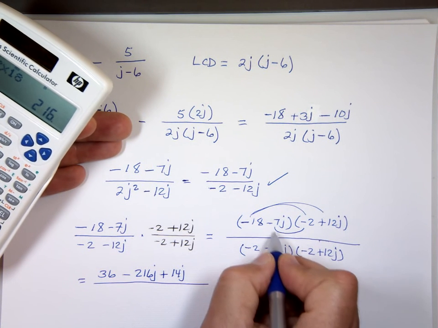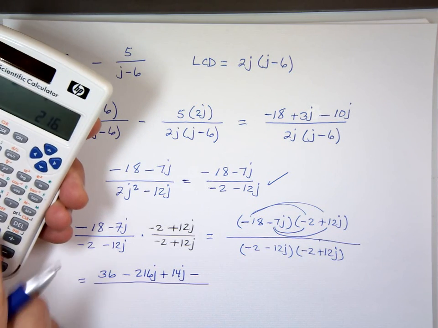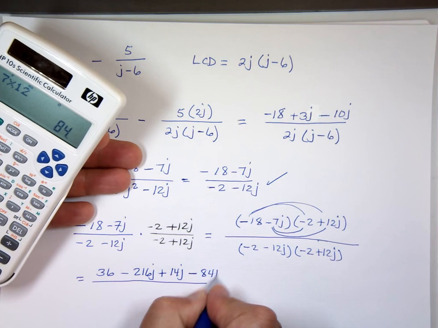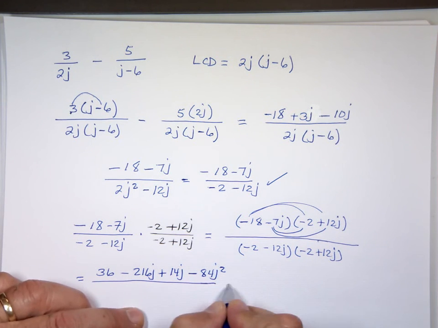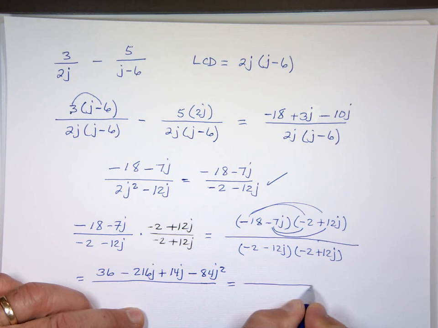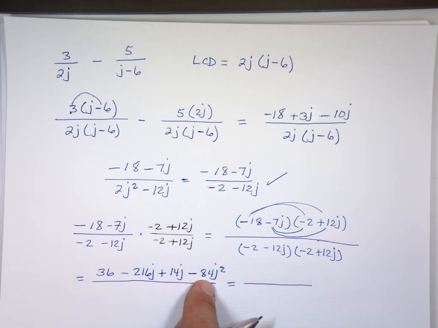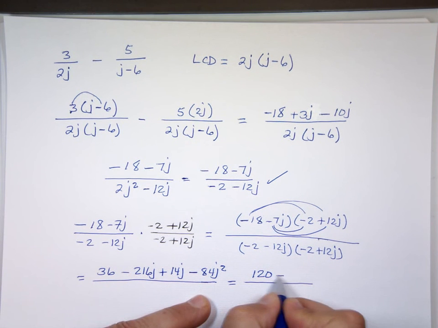Minus times a plus is negative 7 times 12. 84j squared. Let's finish the top while we add it. This will be a plus 84. So what's 36 plus 84? It's 120 minus 202j.